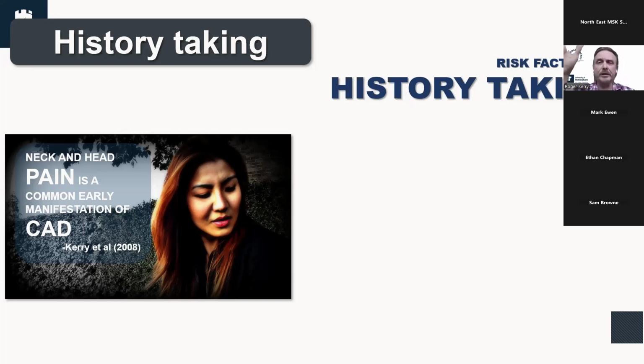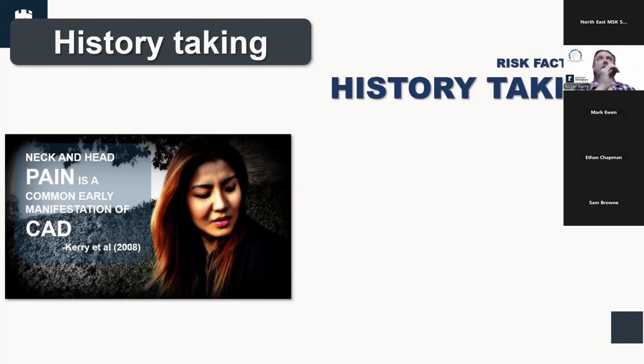So in a minute, I'm going to say vertebral artery causes pain here. Commonly it does, but it could be different presentations. But the key thing is to understand that neck and head pain is a common early manifestation of cervical arterial dysfunction or vascular pathologies. I don't mean common in terms of 50% of all people with neck pain.